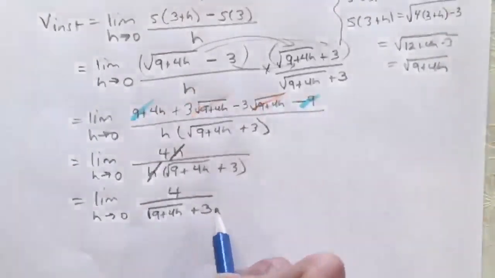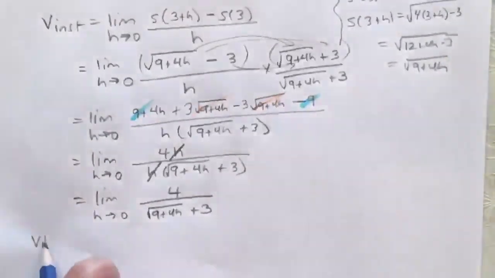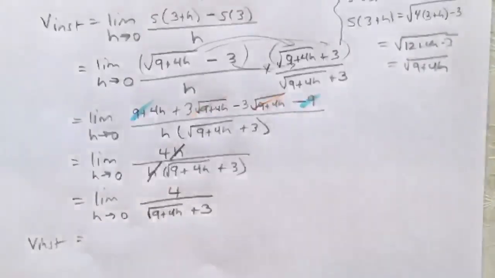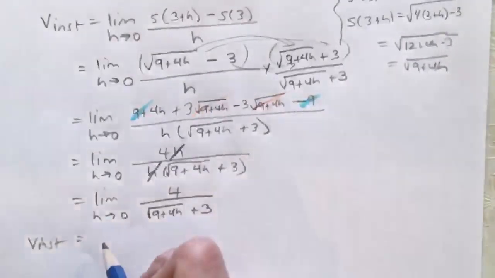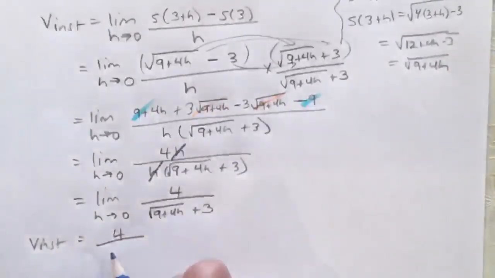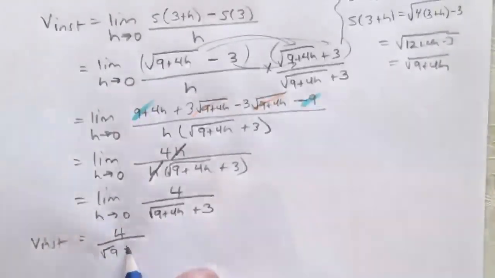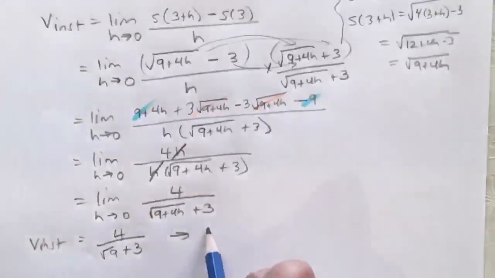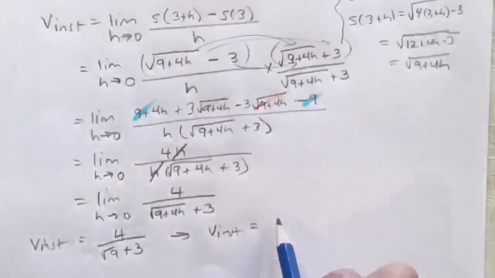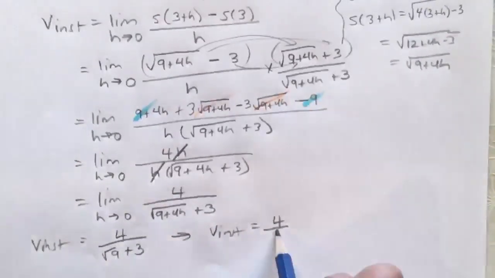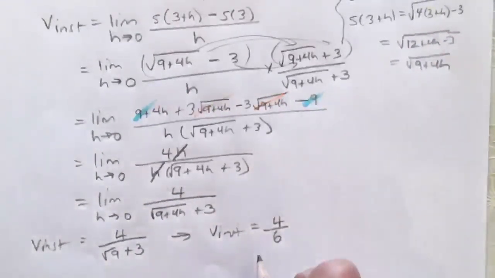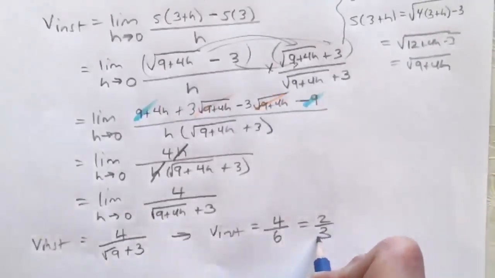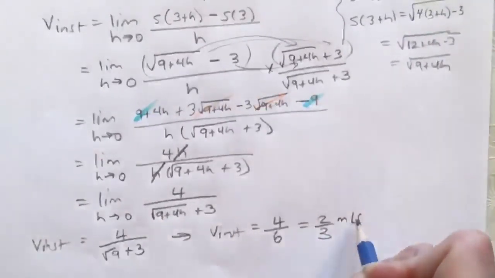So now finally it's safe to let h approach 0. So we can take the limit. We're going to get 4 in the numerator and the square root of 9 plus 3 in the denominator. So 4 over 6, which is 2/3, and then meters per second.